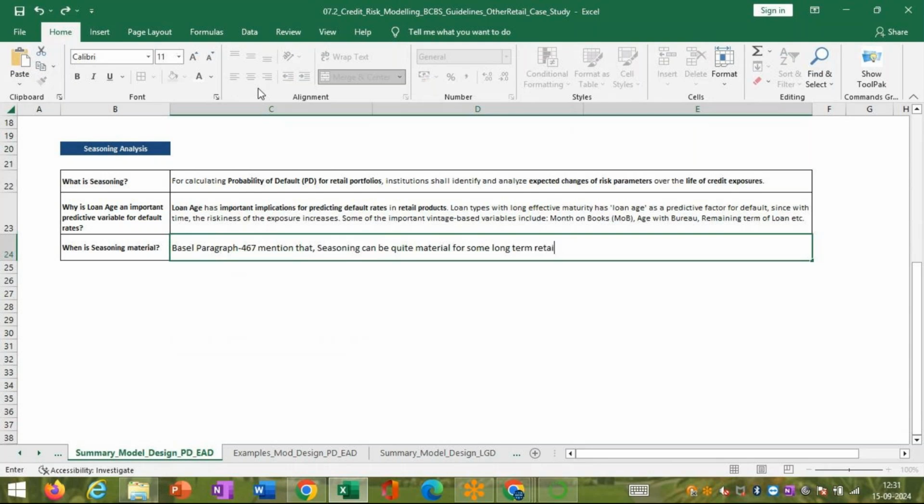Long-term retail exposures, that is, duration of at least more than 12 months.